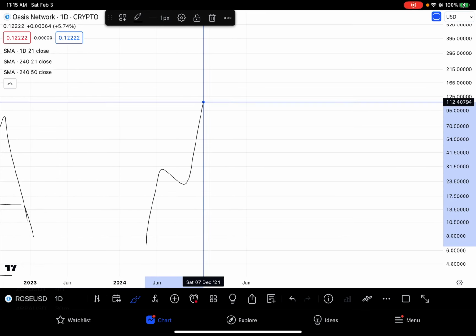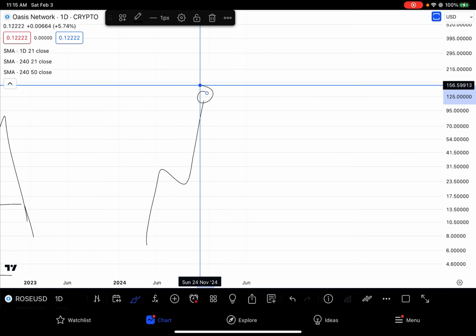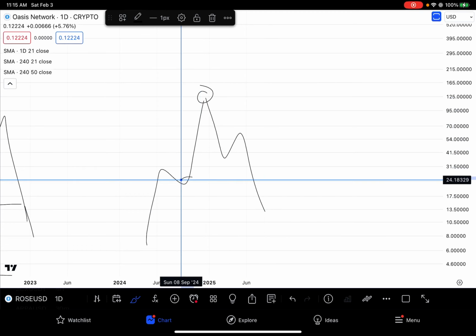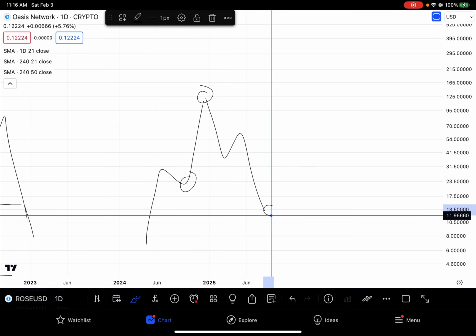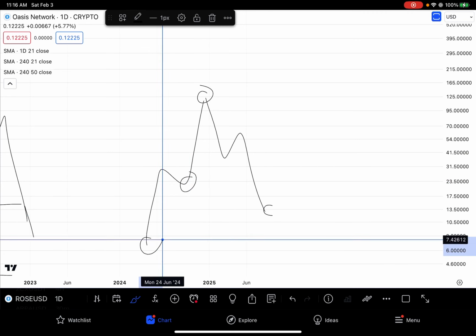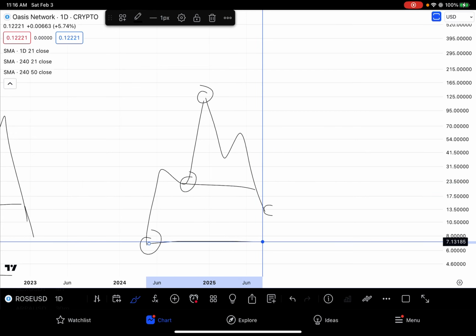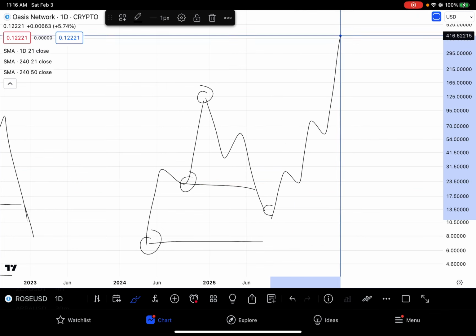You have a 3-wave move up, you have your peak, your downtrend, or in other words, your counter trend. So a 3-wave move down, in which your C wave either takes out this low or this low, because you have over leveraged traders at these levels. And then you have a 5-wave move to the upside.